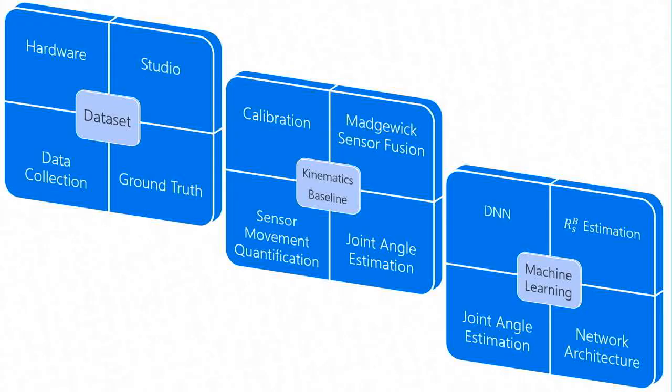So this is the outline of what I've been doing in these 3 months. First of all, in the first month, I built the hardware. I set up a custom-built studio to collect the data for this project. In the second month, I implemented a kinematics algorithm as a baseline to do motion capture. It includes calibration, a sensor fusion algorithm, and I also quantify the sensor movement, and also joint angle estimation.